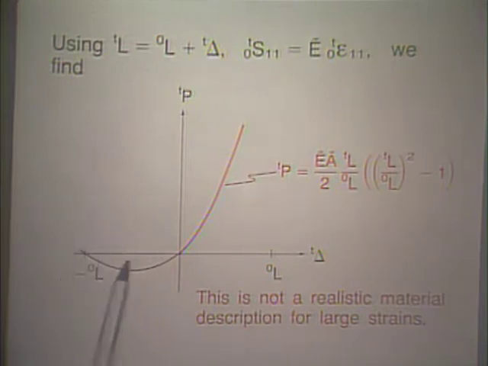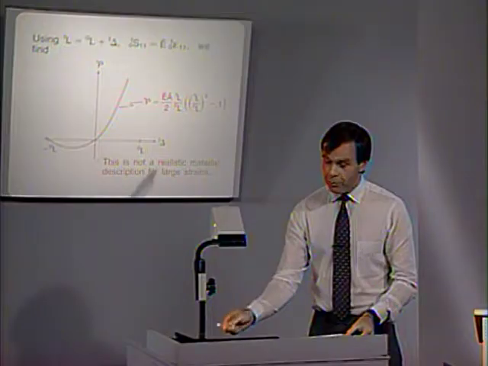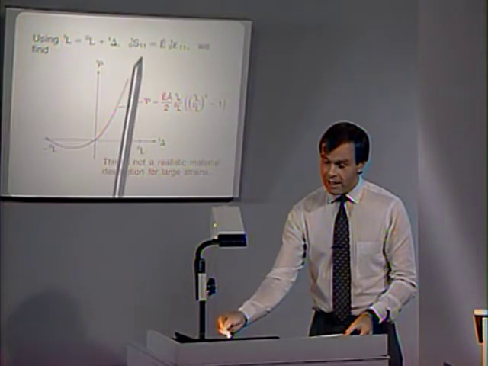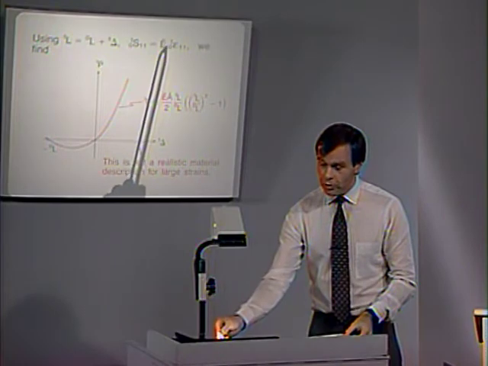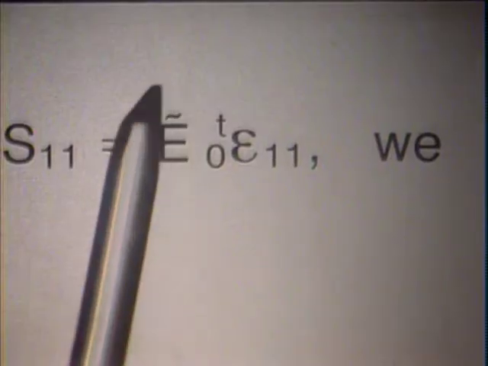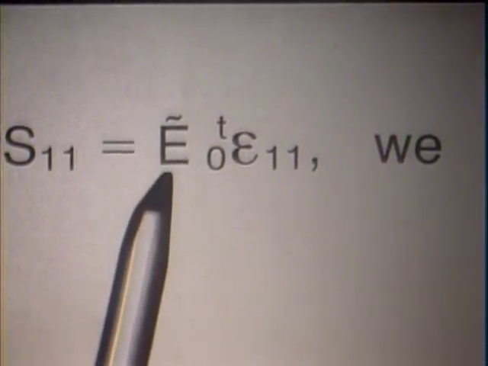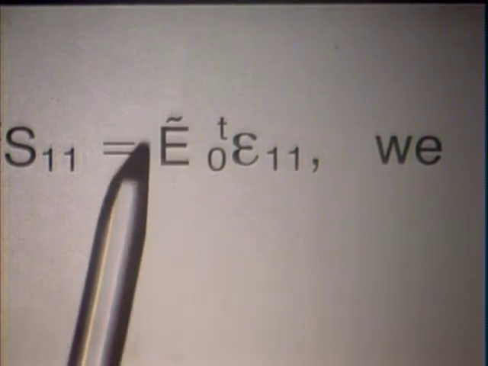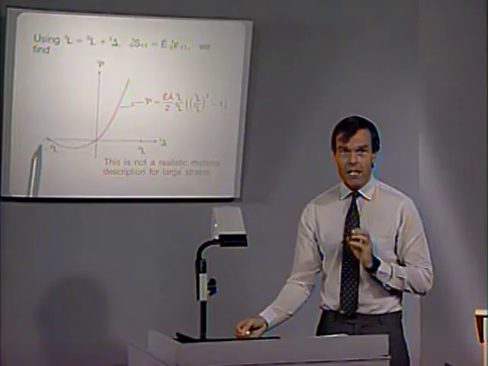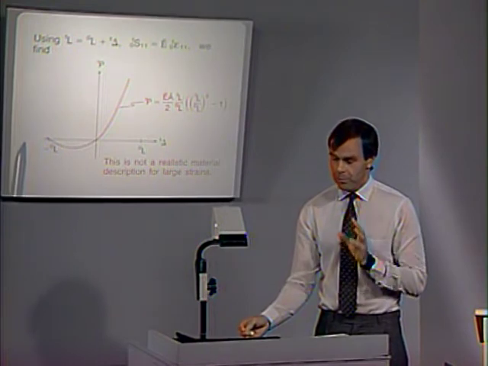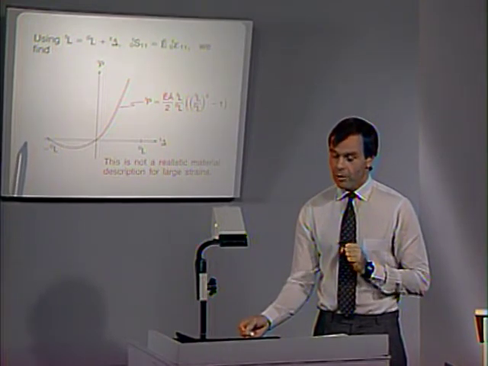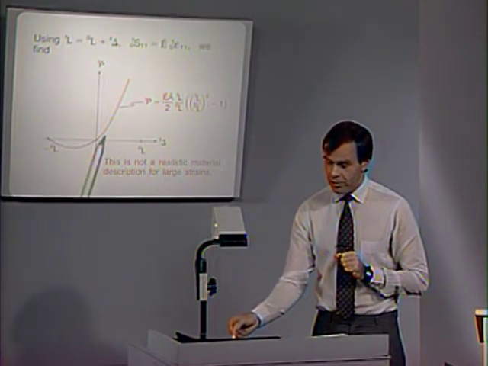Quite unrealistic, of course. And therefore we recognize that this use of a constant Young's modulus E and Poisson ratio nu going in here is really not a proper, realistic way to proceed for large strains.